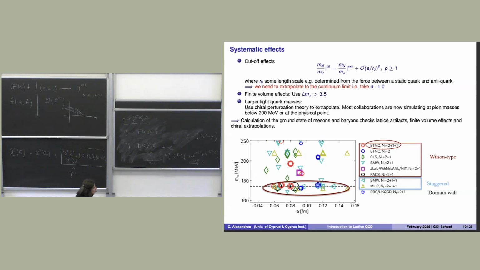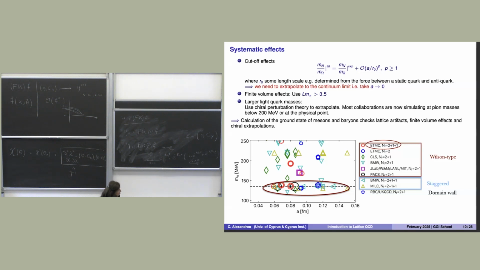And you see previously, this is history if you want, we were up here because we couldn't simulate the physical point because of the noise. I told you there's a lot of noise. However, in the last 5 years, all collaborations using all types of fermions that we discussed yesterday, Wilson type, staggered, domain wall, have simulations right at the physical point for several lattice spacings.